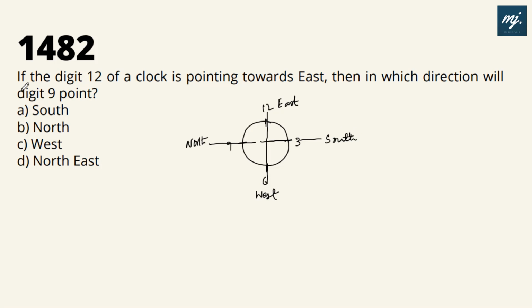Let's see the question. If the digit 12 of a clock is pointing towards east, then in which direction will be digit 9? Digit 9 would be pointing towards north. Option B fits in. Based on this, any question can be asked in which direction, which all digits are, and on and on.